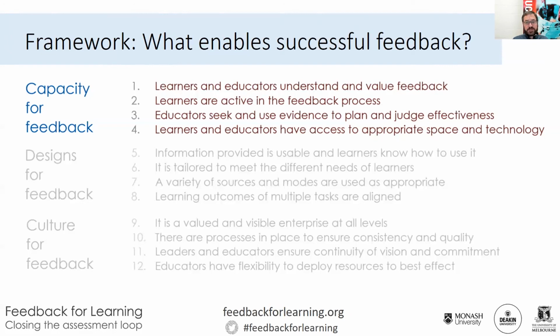We can never rest. Number 4 is learners and educators have access to appropriate space and technology. So if you go into number 4, you'll explore a number of different ways, both digital technologies as being a useful support or resource, but also how the space, the physical space and the virtual spaces were supporting effective feedback practices.